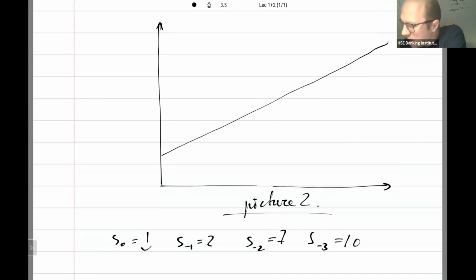And you will add 1, 2, 7, and 10 to this line, repeating 1, 2, 7, 10. And your process will go like this.